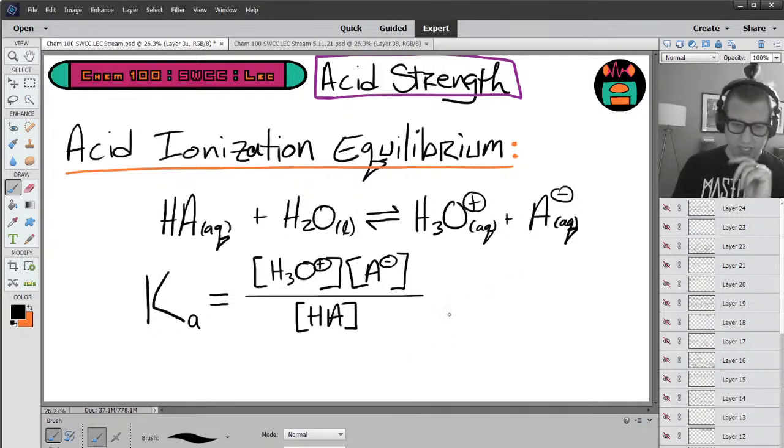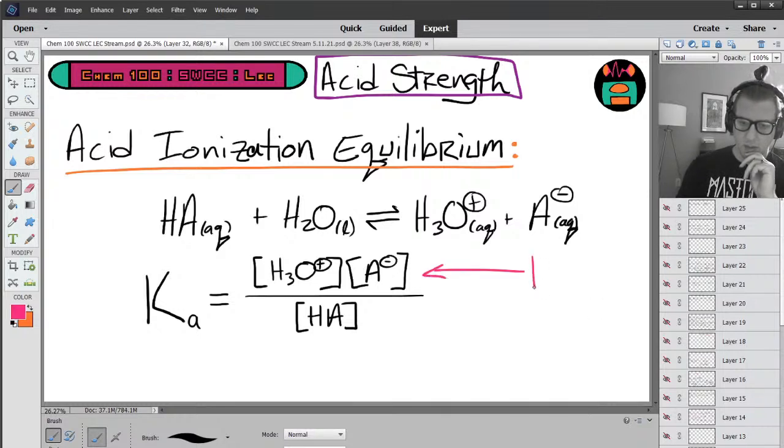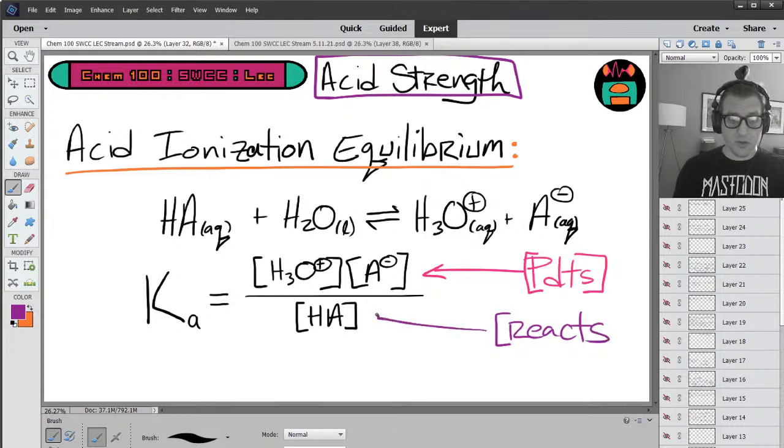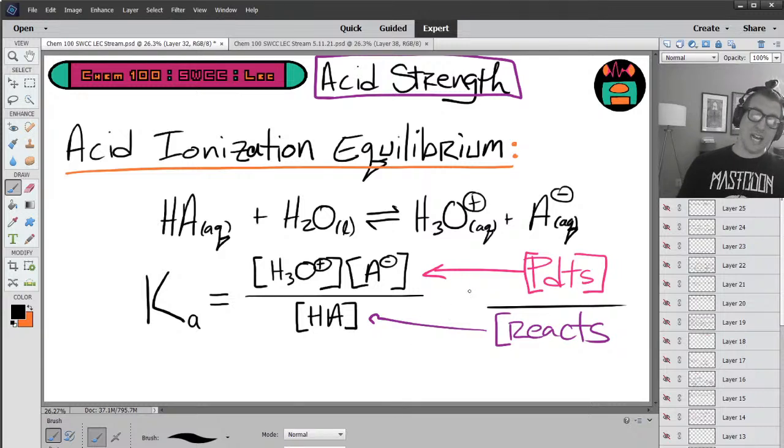Well, actually, before I get there, let's think about what this means for a hot second. We have concentration of products over the concentration of reactants, just like we do with all chemical equilibria. It's products over reactants.